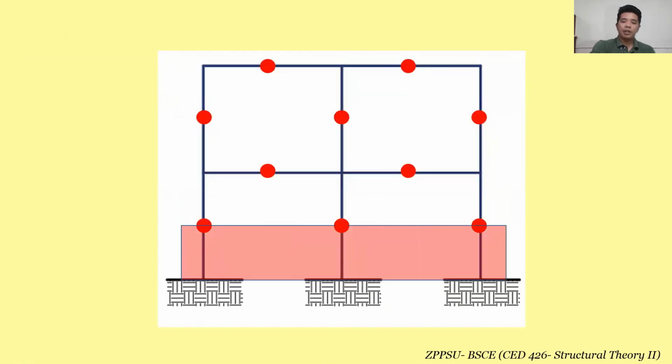So finally, ito na. So we're going to analyze the ground floor. So we have joint A, joint B, joint C. And whatever forces or whatever values na mako-compute nyo at this inflection points will be the reciprocal or the opposite of the forces dito sa base or dito sa support.